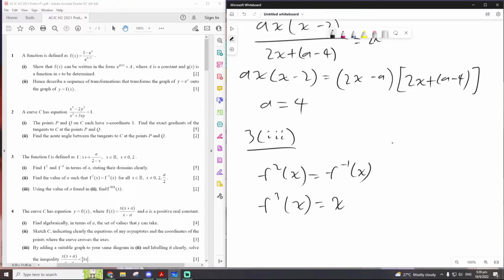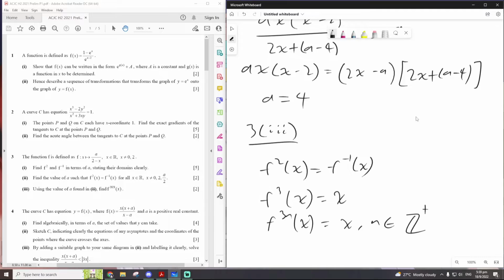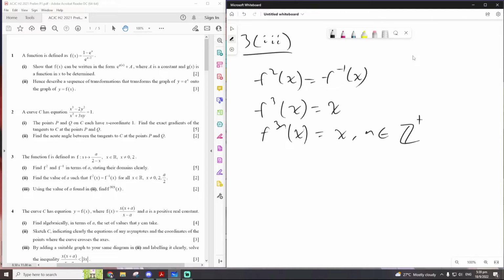And any multiple of 3 applications will be the identity function. So what number is divisible by 3? f 2021 of x is actually f 2019 times f squared of x. Okay?